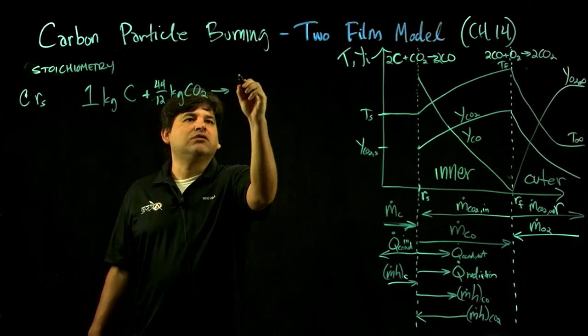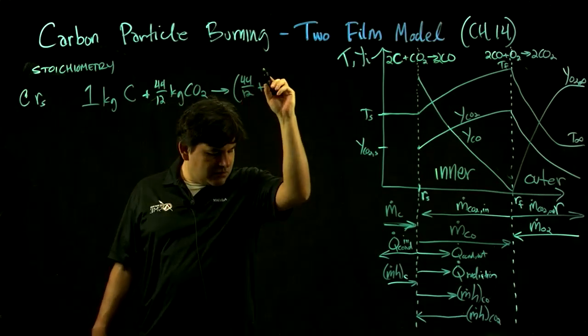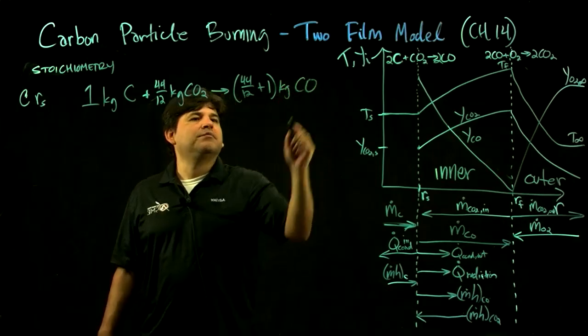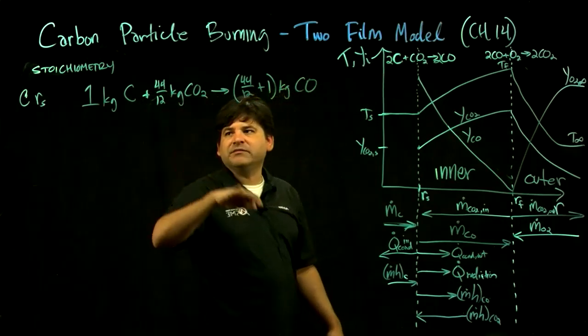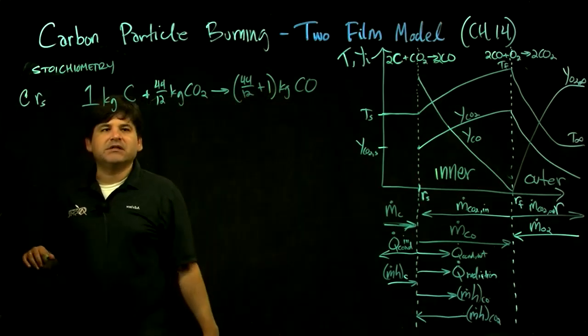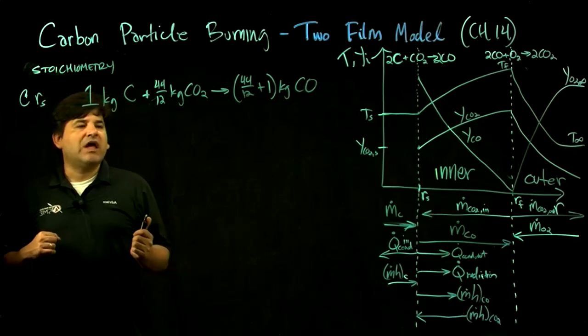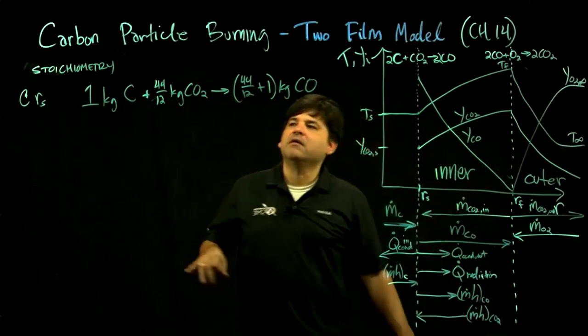That's going to go to 44 over 12 plus 1 kilograms of CO. So that's balancing atoms as well, but just converting to mass, which is nice because mass flow rates are more measurable. So that's going to help us with our mass balances to try to tie all of this together.